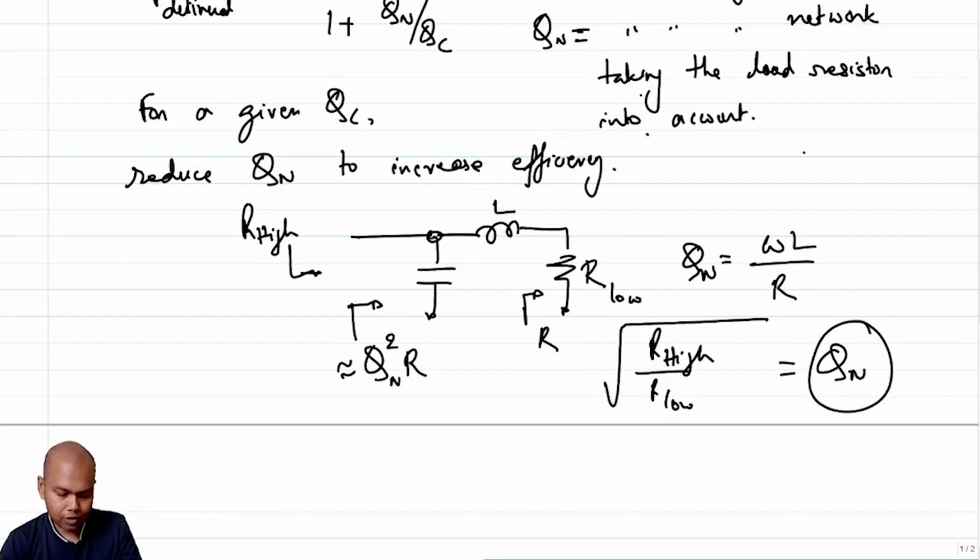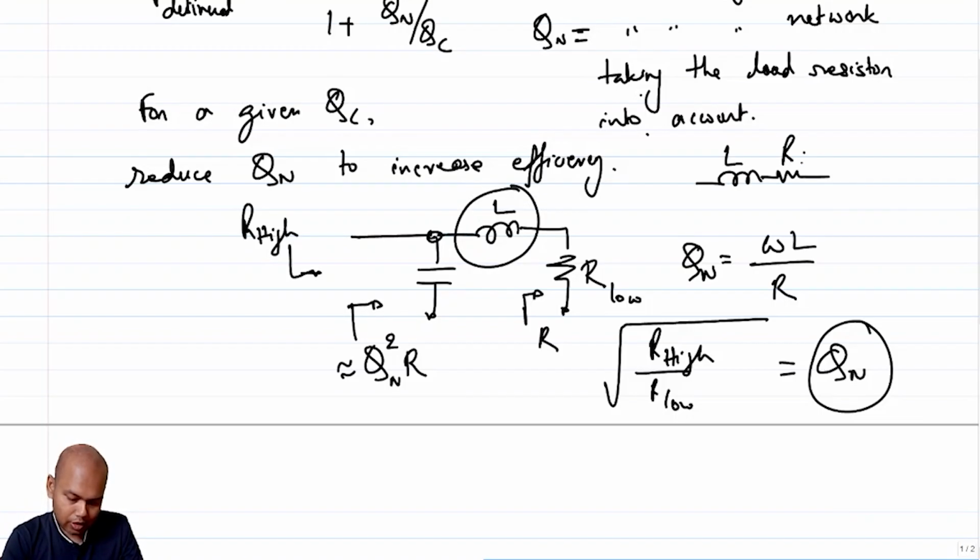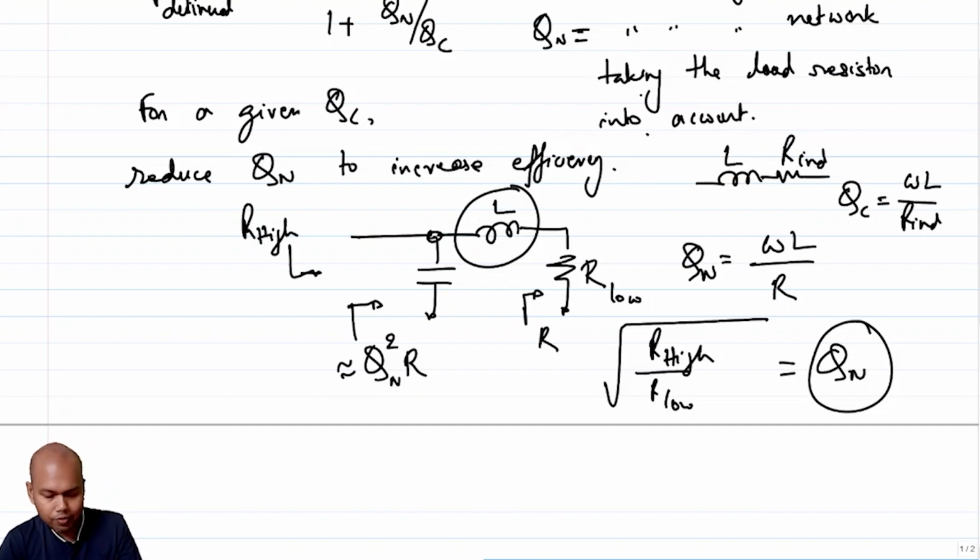So if Qn is fixed and the inductor is also lossy, if the inductor has a weak amount of loss, and this is R int, then your Qc is essentially omega L by R int, which is also fixed, which means you live with whatever efficiency that you can get. You cannot do anything, right?